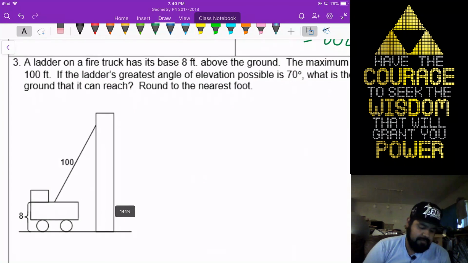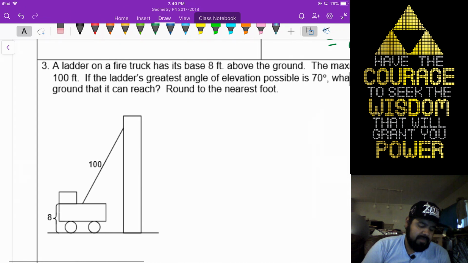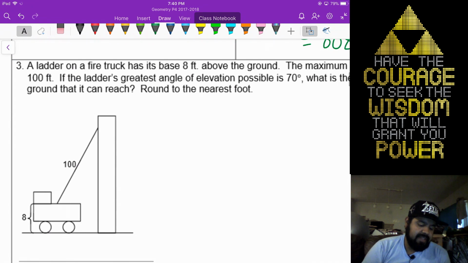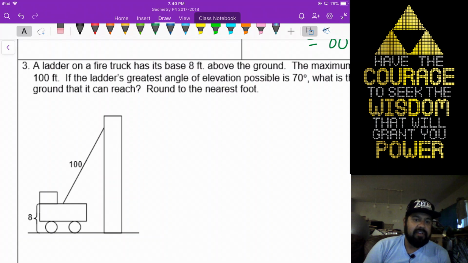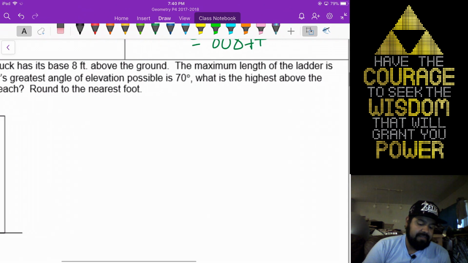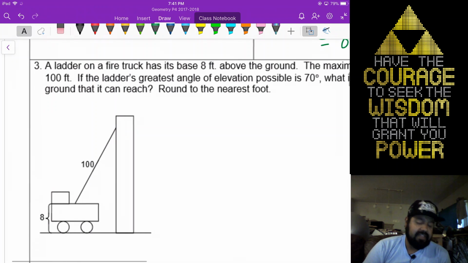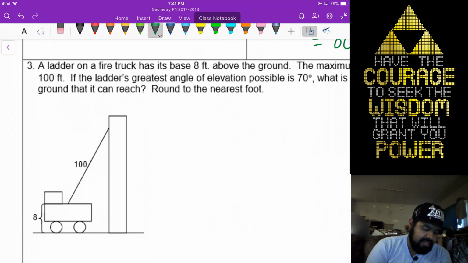Number 3, we have our fire truck. We know that the ladder goes out 100 feet, and the height of the truck where the ladder comes out is 8 feet. So if the ladder's greatest angle of elevation possible is 70, what is the highest above the ground that it can reach? So that means I want to solve for this total height here.